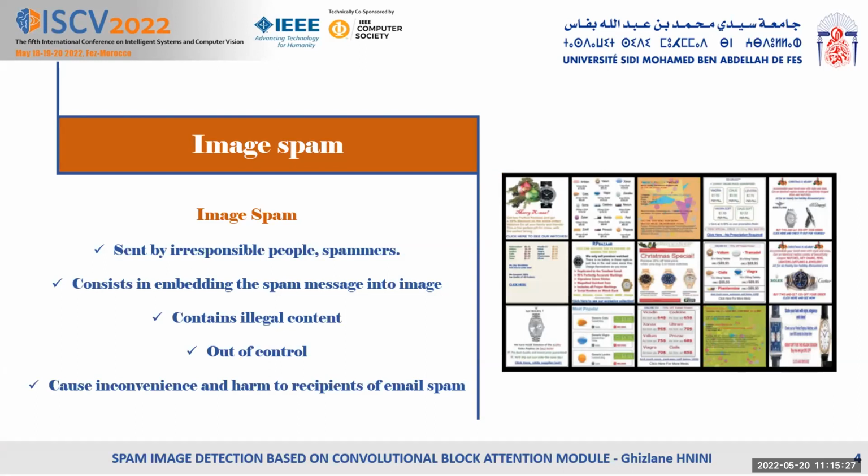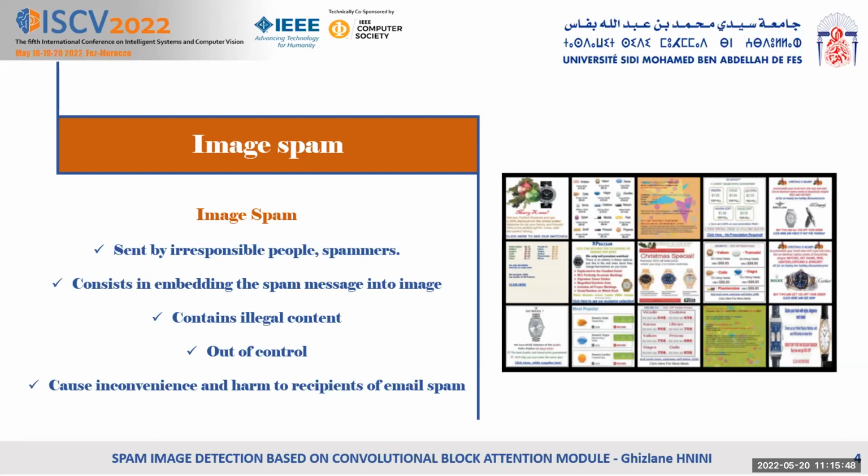Image spam is one of the most recent tricks introduced and sent by irresponsible people known as spammers. It consists in embedding the spam message into images that are sent as email attachments.